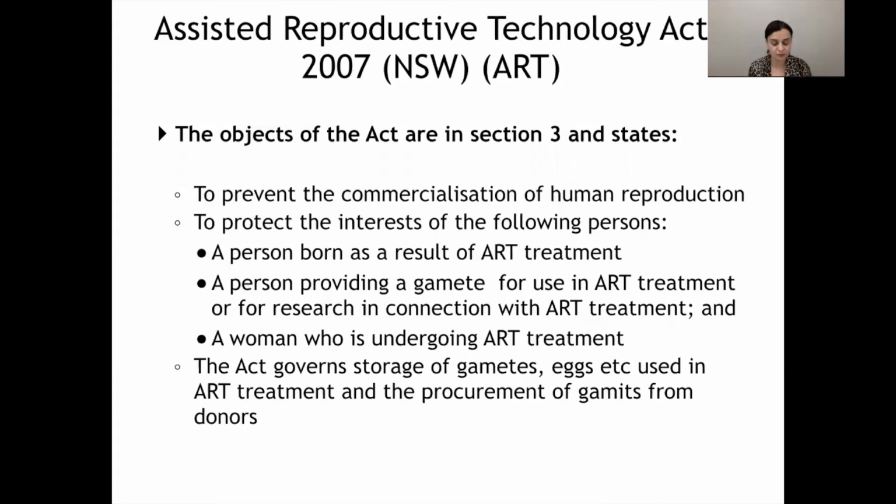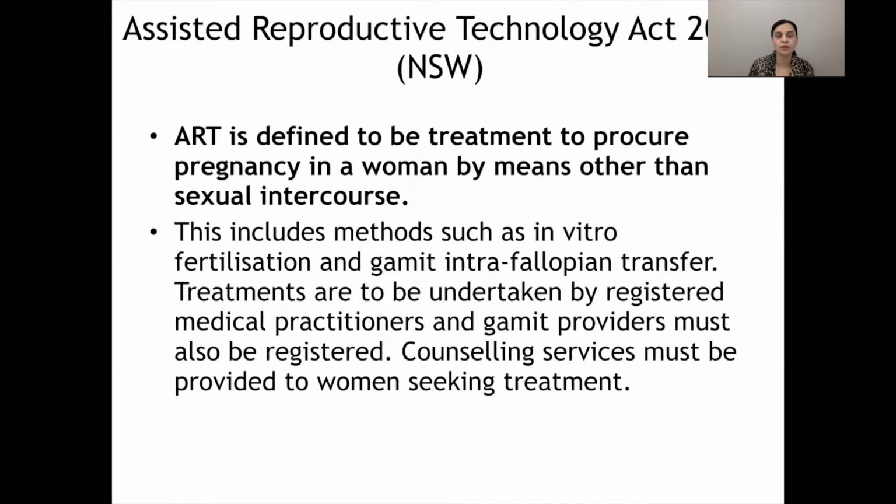So in terms of what assisted reproductive technology is defined as, to be defined as ART treatment, it's defined to be treatment to procure pregnancy in a woman by means other than sexual intercourse. So really it covers a range of other procedures. It includes methods such as in vitro fertilisation and gamete intrafallopian transfer.